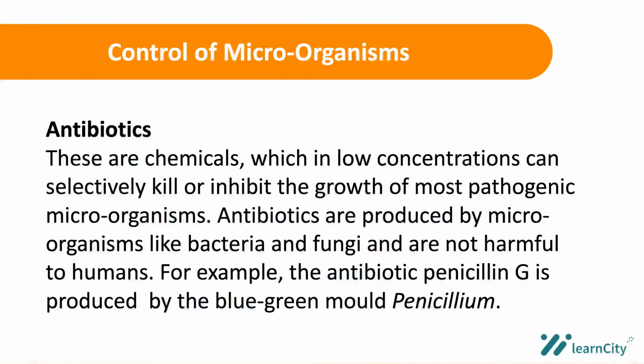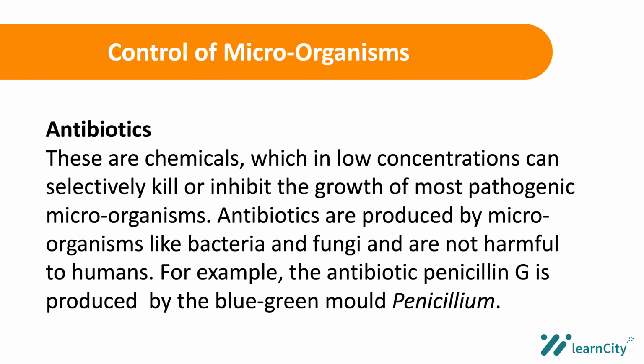We also have the antibiotics. These are chemicals that, in low concentrations, can selectively kill or inhibit the growth of some pathogenic microorganisms. Antibiotics are produced actually from microorganisms like bacteria and fungi that are not harmful to humans.